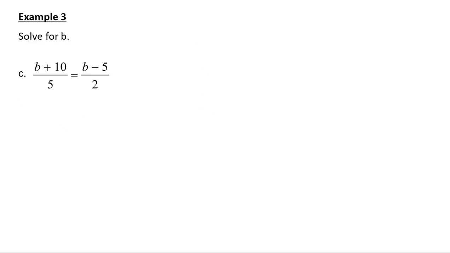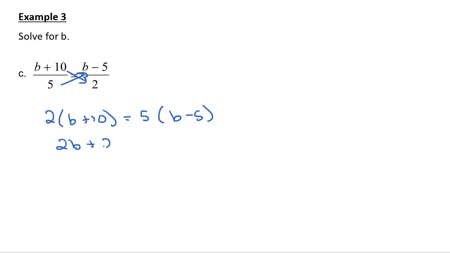Okay, solving for b. Again, cross multiply. So I have 2 times b plus 10 is equal to 5 times b minus 5. So 2b plus 20 is equal to 5b minus 25.